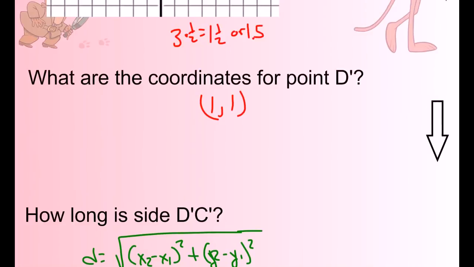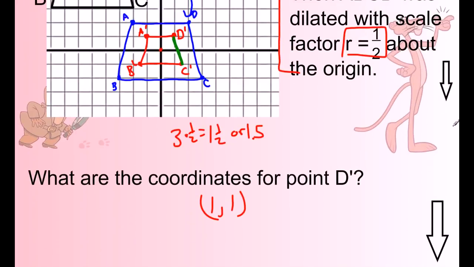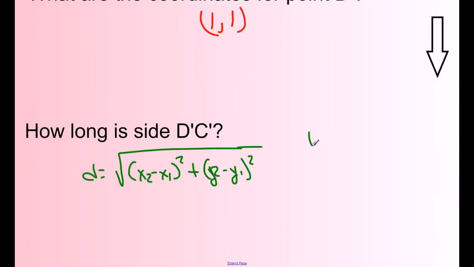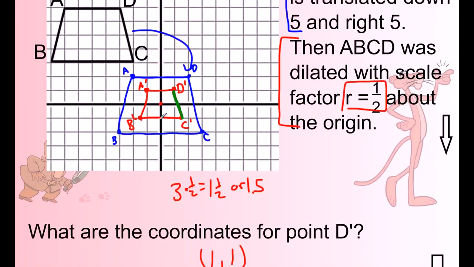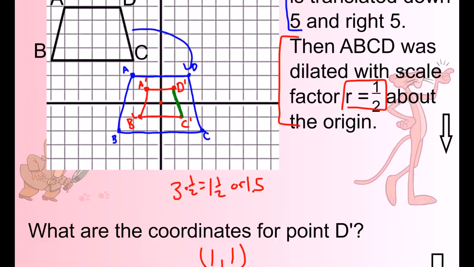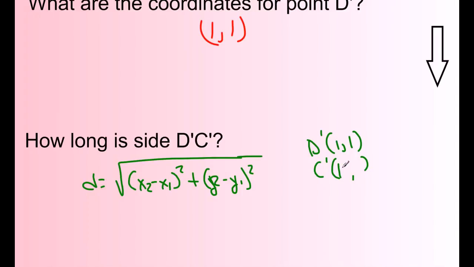And we could plug in our points for D prime C prime. D prime is 1, 1. C prime is 1.5, negative 1. And we can plug those values in, and it would give us our answer just fine.